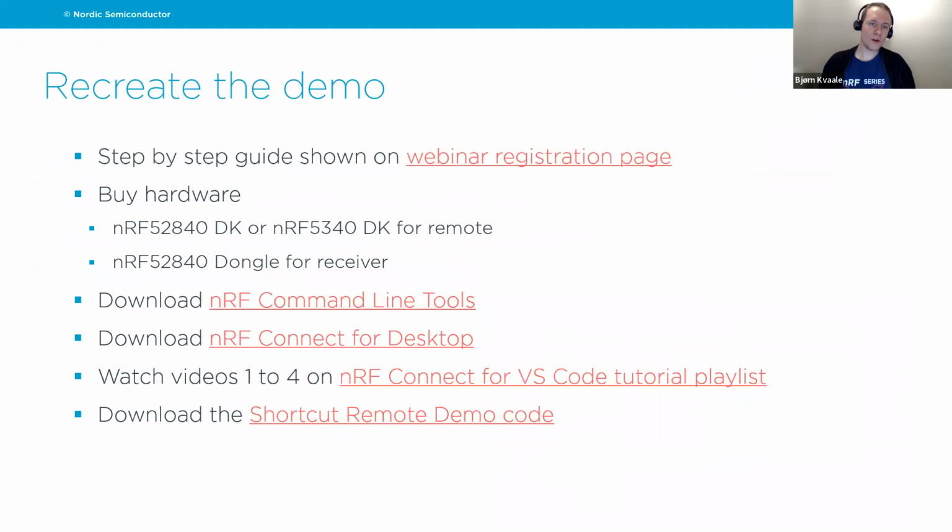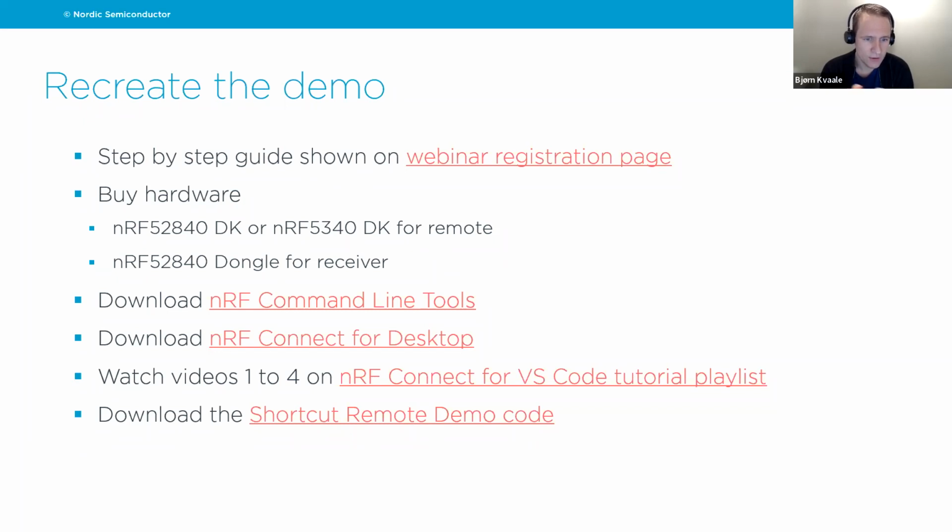So if you want to recreate the demo, which Torbjørn will go through, there is a step-by-step guide shown on the webinar registration page. You need the hardware, so either the nRF52840 DK or nRF5340 DK for the remote, and an nRF52840 dongle for the receiver.